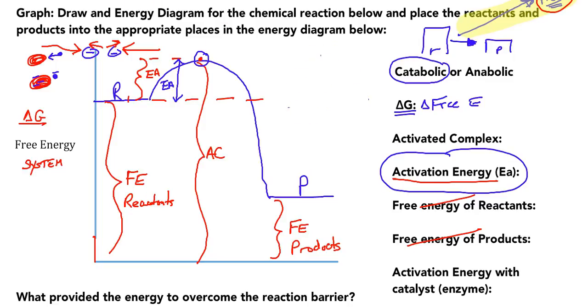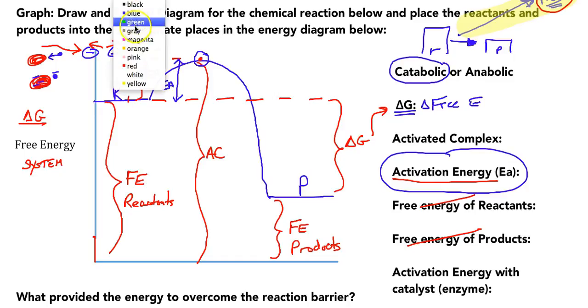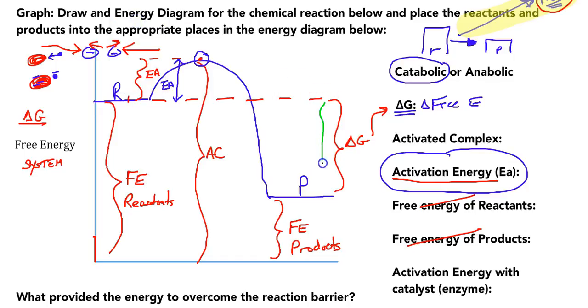So the difference of where we start and where we finish. So I'm just drawing a dotted line to show where we started, and this is where we're finishing. So this difference right here is the change in free energy. And notice we're starting high, and we're going down. So delta G in this case is going to be negative.